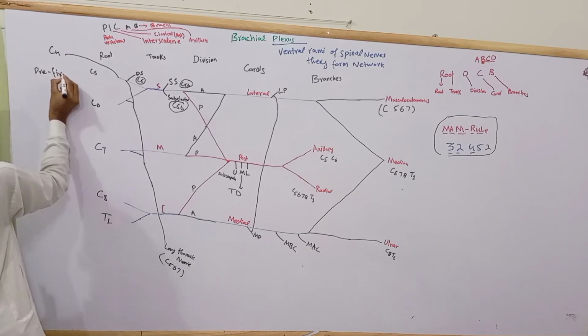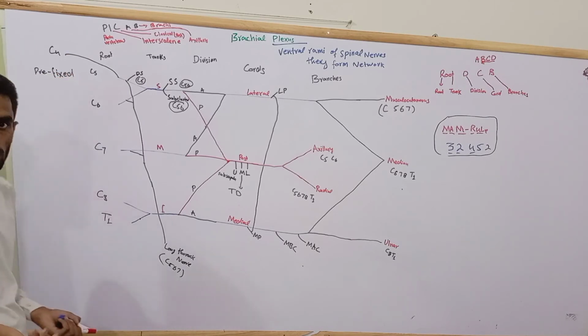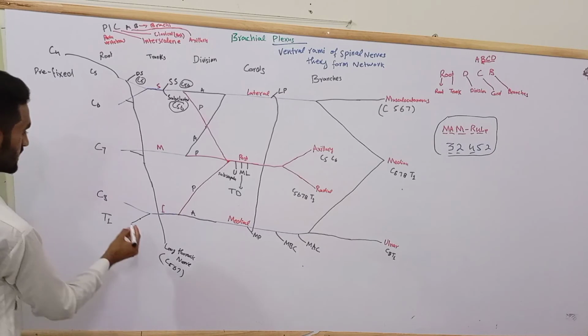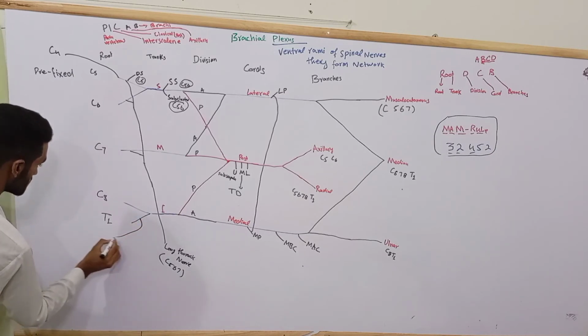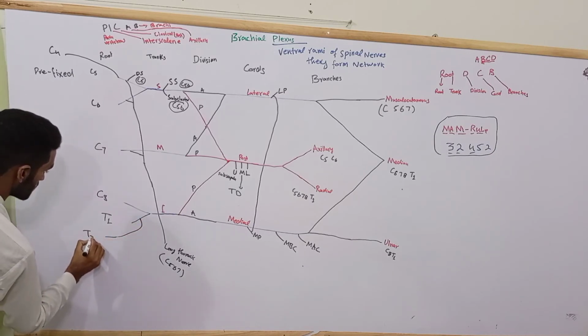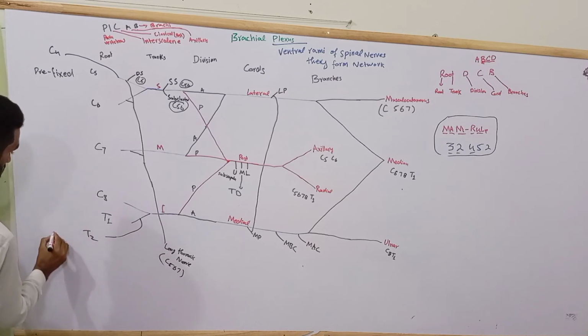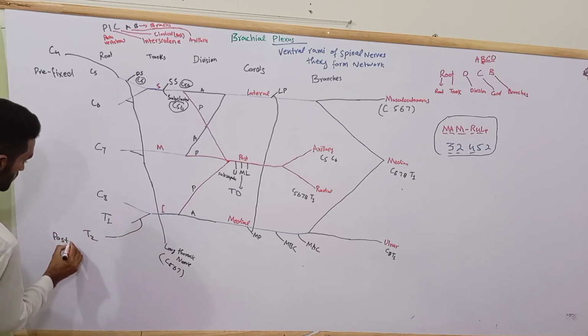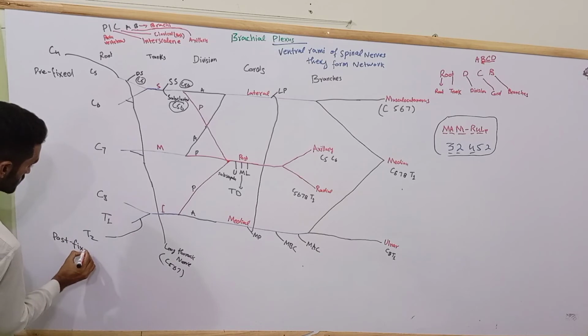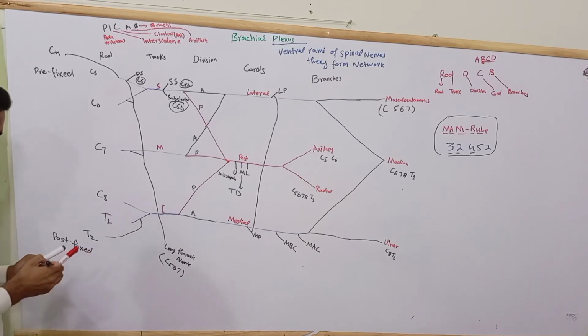Make sense? Another is postfixed. You can easily answer: if T2 becomes part of this brachial plexus, we name it postfixed. So these are very important aspects.